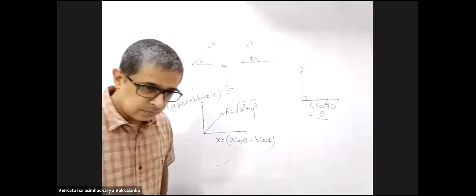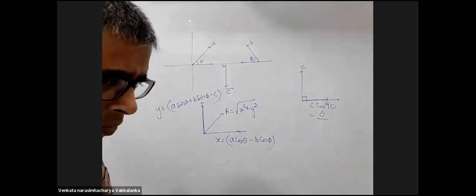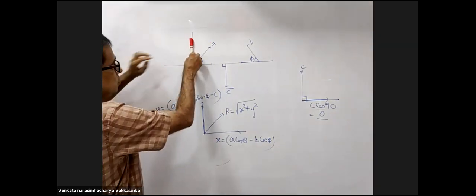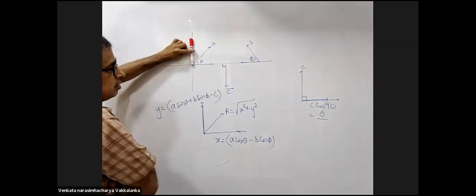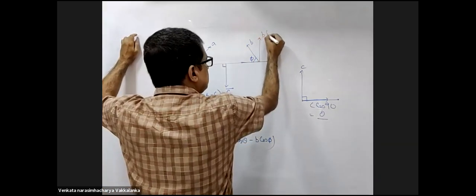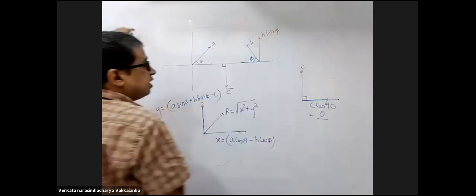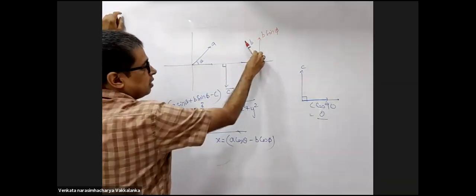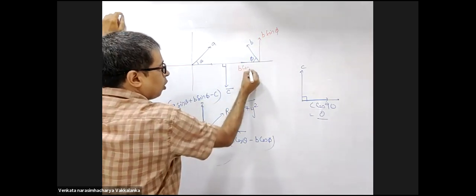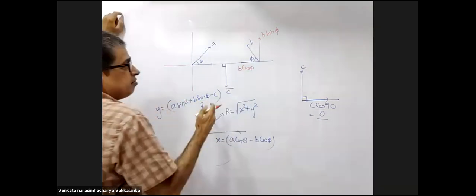Can you explain why y equals A sin theta plus B sin phi? This is A sin theta. Agreed? Yes, sir. If this is B, this will be B cos phi and this will be B sin phi.